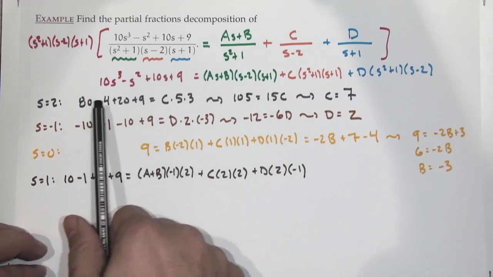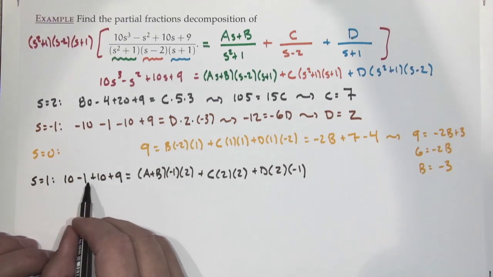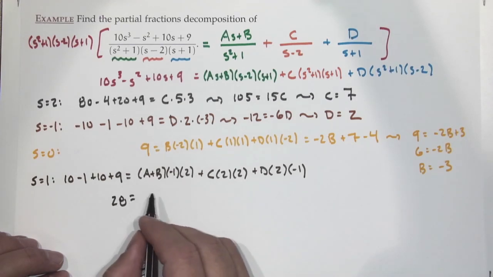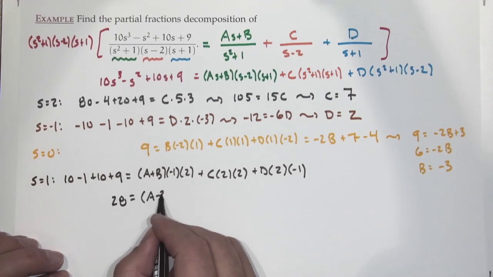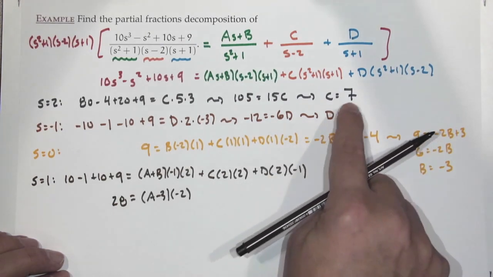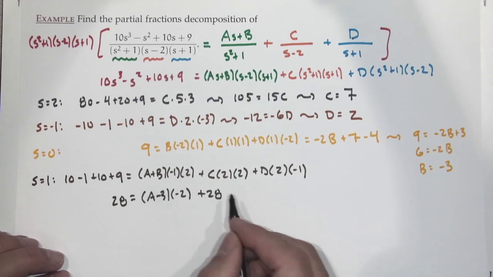So I'm just plugging in 1 really quickly. But of course, we'll update this because we know things. 10 minus 1 plus 10 plus 9 gives us 28. Then we have A minus 3 times negative 2. C is 7, so we have 7 times 2 times 2, which is 28.